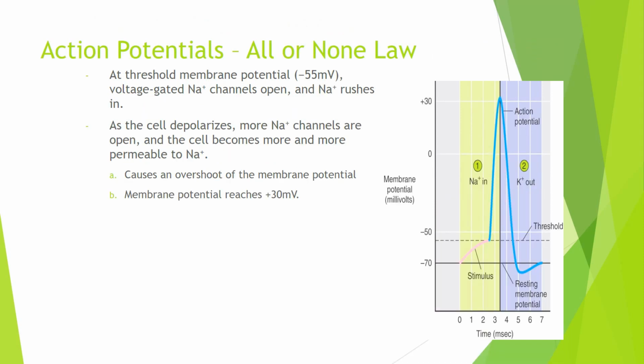For an action potential to occur within a neuron, we have this all or none law. Once we hit threshold, which again was at -55 millivolts, that's when the voltage-gated sodium channels open and sodium rushes in. That causes depolarization, causing more sodium channels to open and more sodium to come in.